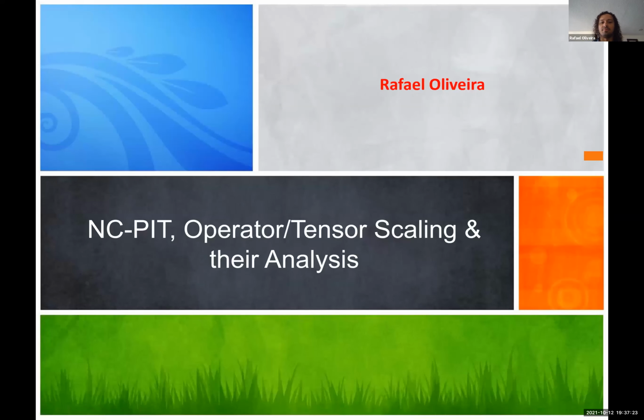Okay. Hi everyone. So today, as KB requested, I'll be talking a little bit about non-commutative PIT and giving a little bit of the history on how PIT tried to be solved, and then we ended up solving the non-commutative version of it.